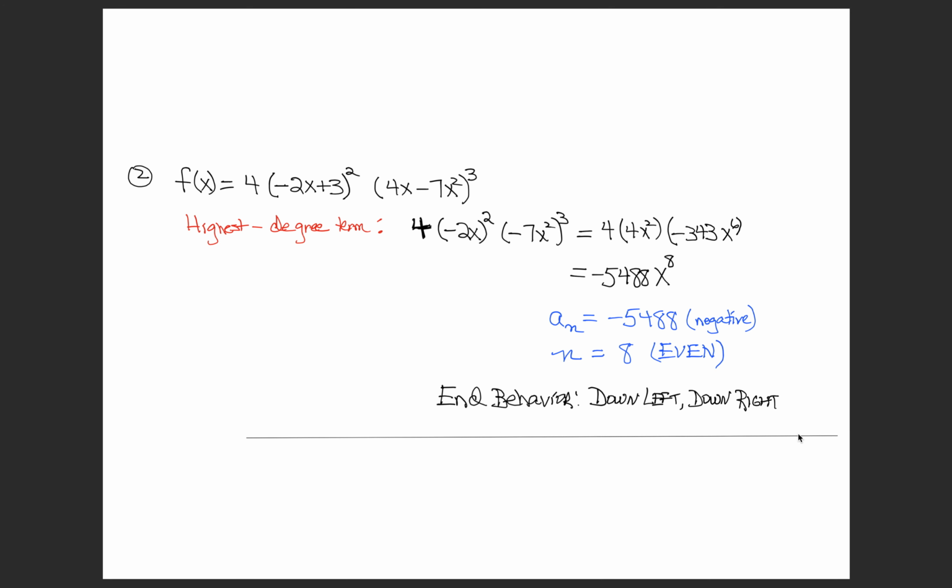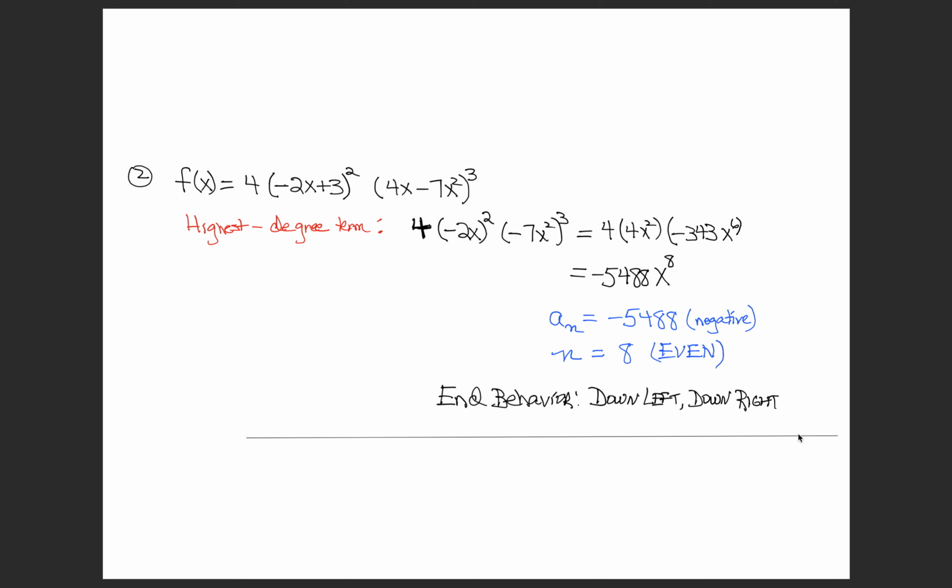Now, a bit of a shortcut, or clarification in terms of identifying the leading coefficient as well as the degree and the resulting end behavior. Let's say you have f of x is equal to 4 times the quantity negative 2x plus 3 raised to the second, and then times the quantity 4x minus 7x squared raised to the third.